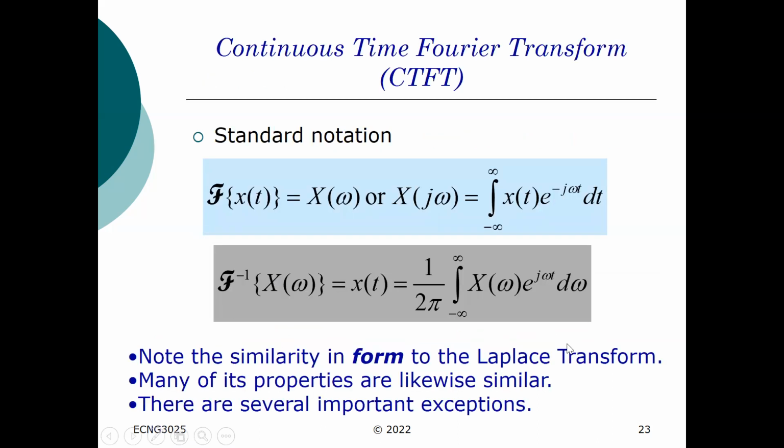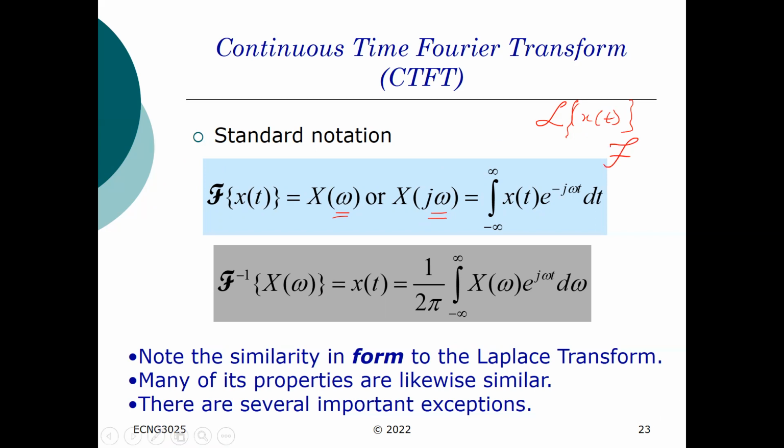And then, of course, we have standard notations for them. The Fourier transform of a signal is either X of omega or X of j omega, all right? That's the standard notation you would see in the textbooks, just like they have a cursive L for the Laplace transform of a signal, the Fourier transform uses a sort of cursive F, okay?